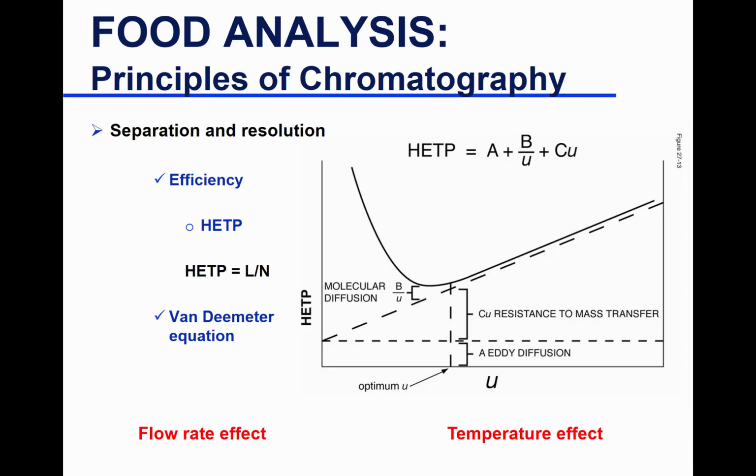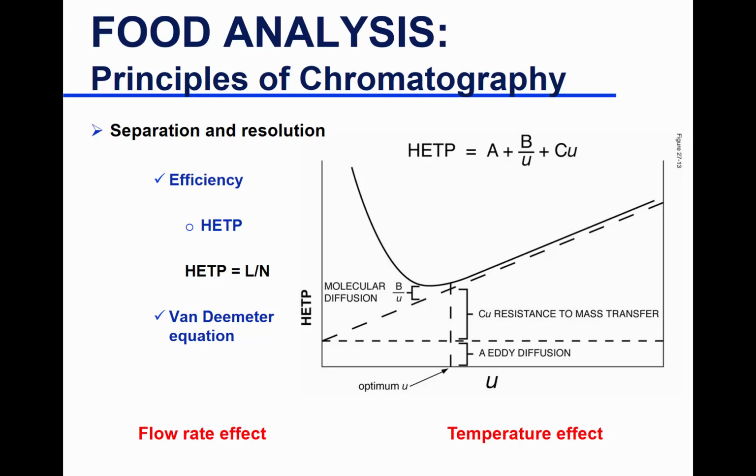When you have smaller packing material size, then you don't have much diffusion or going into different streams. You have a limited number of streams that the particle can go in. So you have less diffusion within the column, but more in and out movement rather than diffusion.